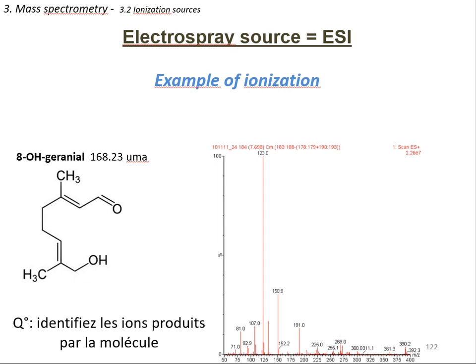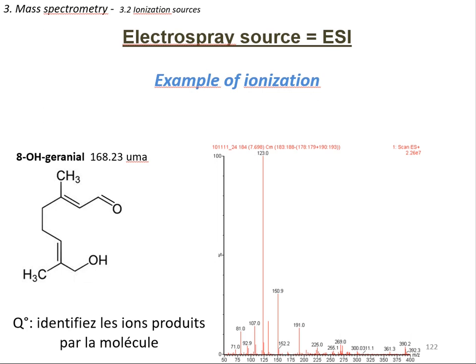So its monoisotopic mass is 168.23 atomic mass units. And here is the mass spectrum obtained in positive mode. You can see it's positive mode on the top right of the graph of the mass spectrum. You see scan ES+. And so you see that this molecule, we injected the pure molecule, and it makes a lot of ions.